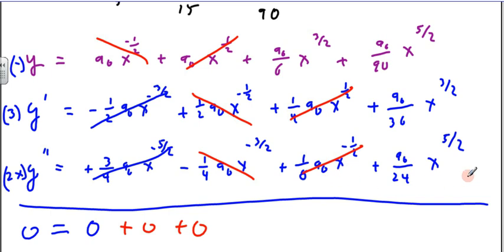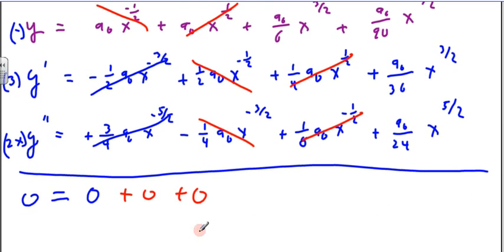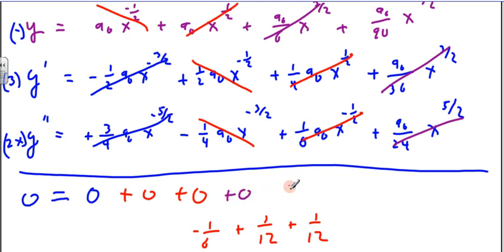Now I'm looking at the 3/2 term, minus a 6 plus a 12, minus 1/6 plus 1/12 plus another 1/12. So that term goes away. 0. So my problem checks. And we're done with problem 18.